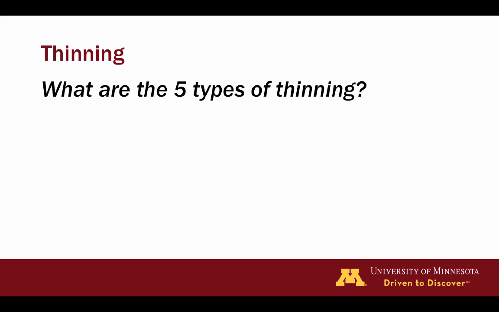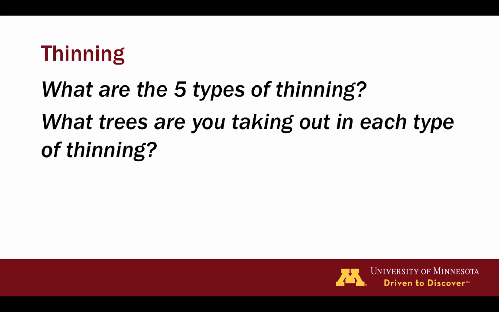Can you remember those 5 types of thinning? And with each thinning, what trees are you taking out? Take a moment to write down the types of thinning there are. There's 5 of them. Also think about which trees you're removing in each thinning. Pause the lecture to do this.